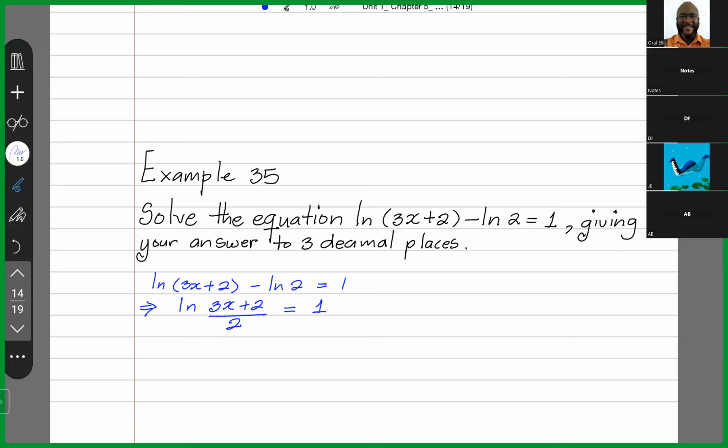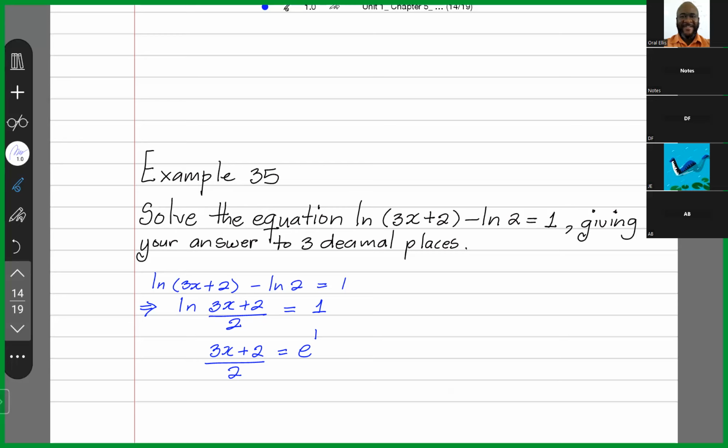Moving from the log form to the index form, we have the number (3x + 2) over 2 is equal to the base e raised to the power 1. I remember I said earlier that e is a constant, approximately 2.71. I don't remember the exact value, but I know it's 2.7 something.